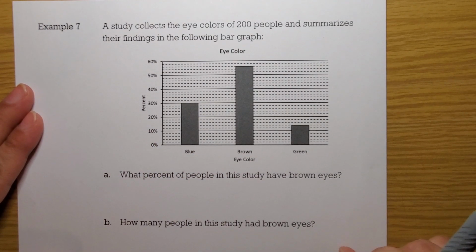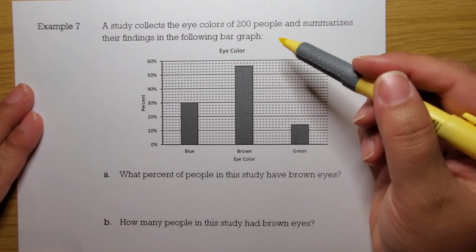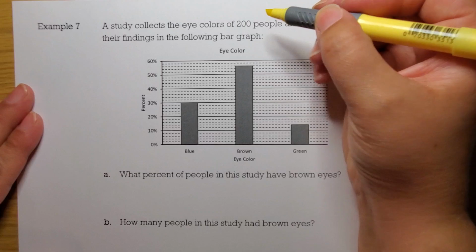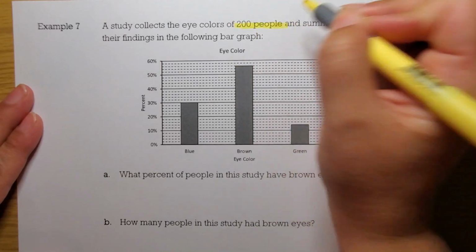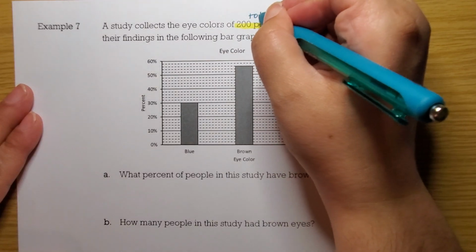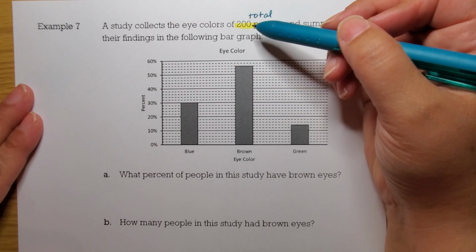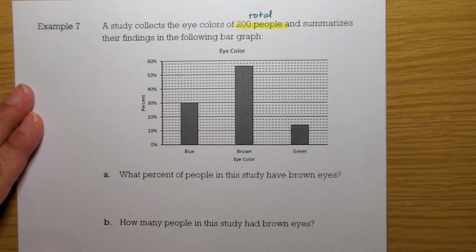That paragraph is absolutely necessary because they're telling us that they looked at 200 people. This number is going to be the total. This is the number we're going to be multiplying the percentage by in order to solve these questions.